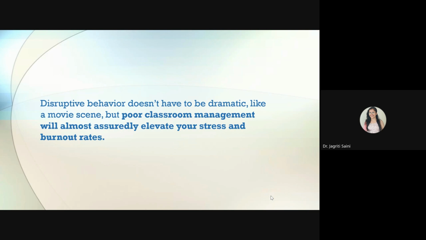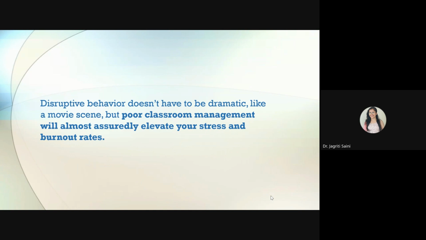Since we are talking about it first, because classroom management starts with your class, the students that we have in the environment and how they are behaving. You might have seen a variety of dramatic students in movies, Bollywood movies, but of course, that is not the real scenario in our classrooms.